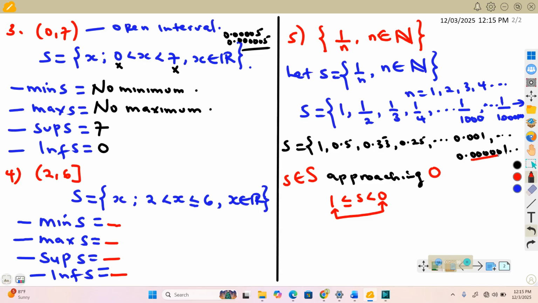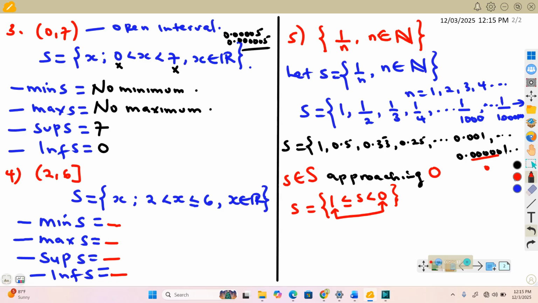They will not reach 0 because there is no possibility of getting a 0. So for that case, this is our set S.